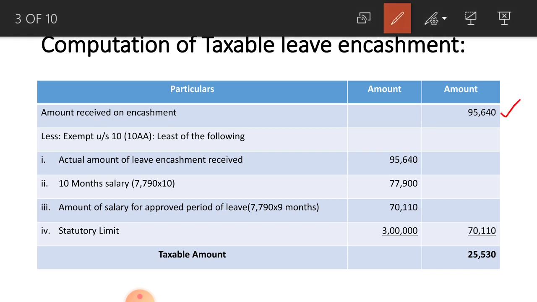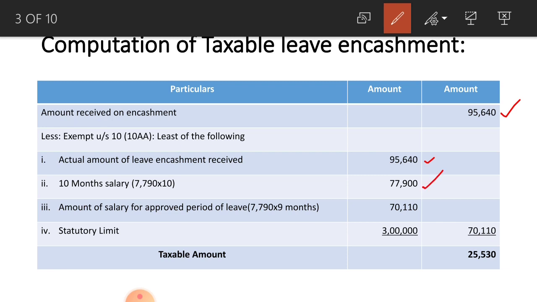From that, you have to deduct the least of the following, exempted under section 10(10AA). First one, you have to consider the actual amount of leave encashment received, that is 95,640. Next, you have to consider 10 months salary. You already calculated average salary 7,790 into 10, 77,900.